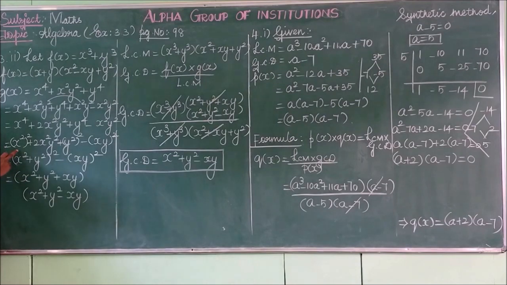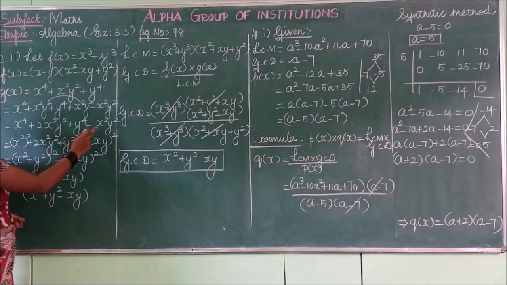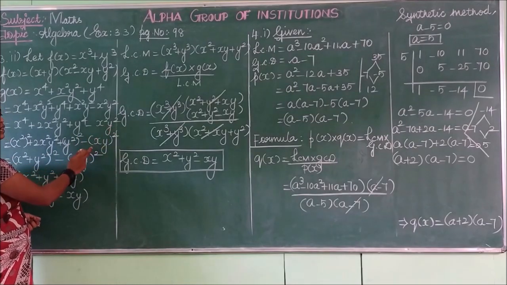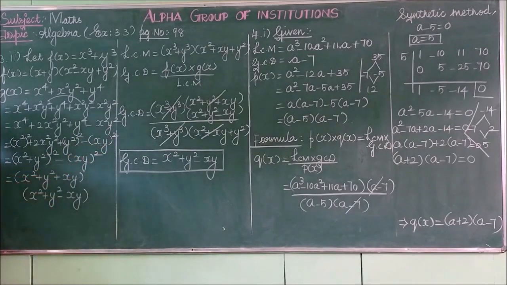What is our a here? Our a is x square, our b is y square. So (x square plus y square) the whole square. Then you can write this x square y square as (xy) the whole square. So (a plus b) whole square minus (xy) the whole square.